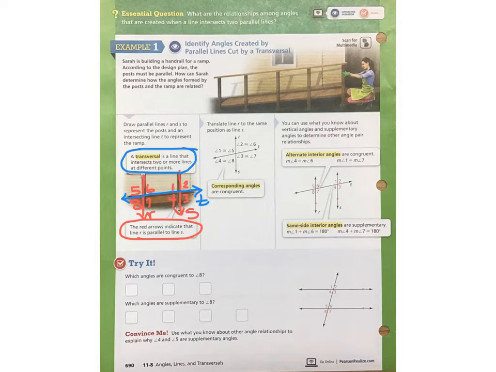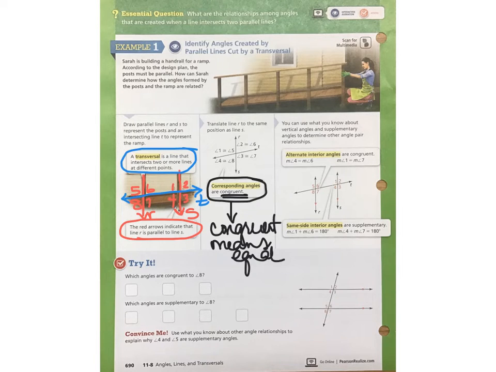And you'll notice that the angles correspond to each other. And corresponding angles are congruent. Remember, the word congruent is another word for equal. So those angles are equal.